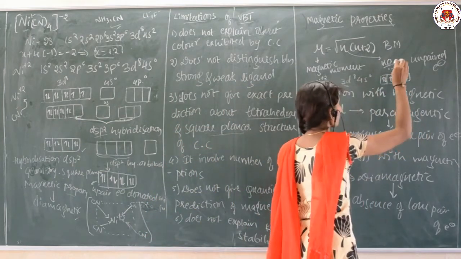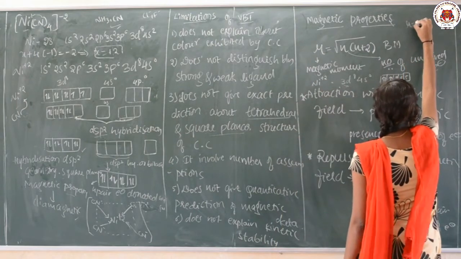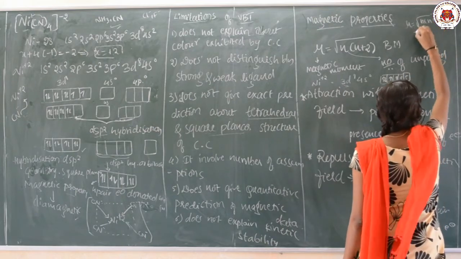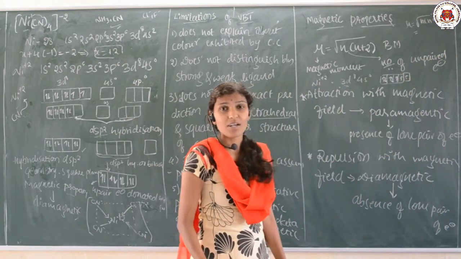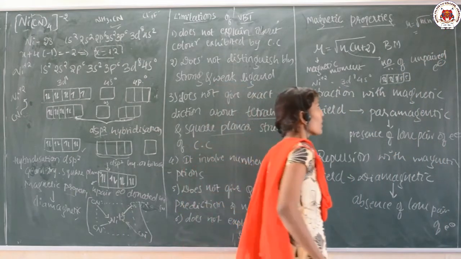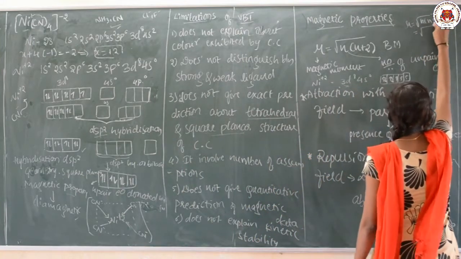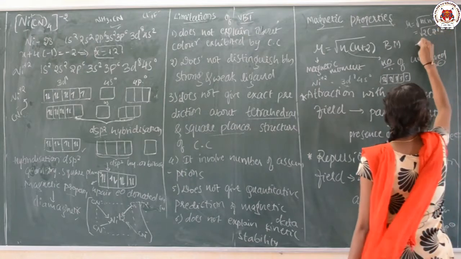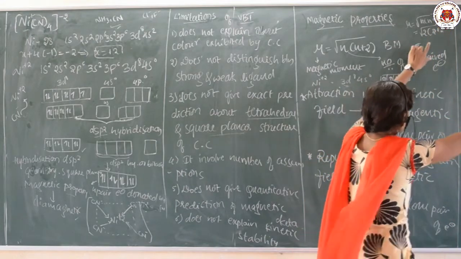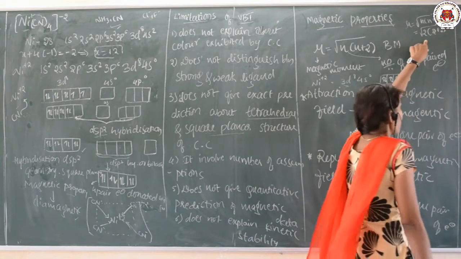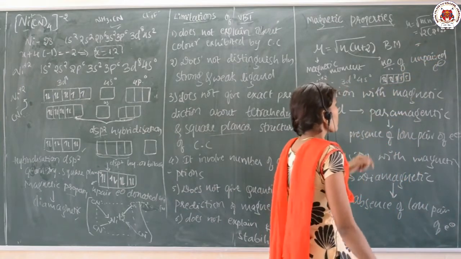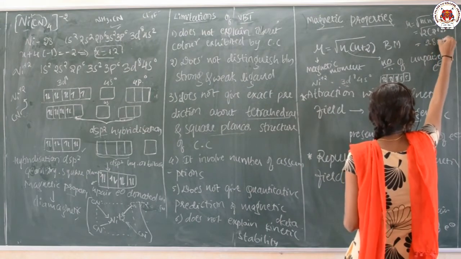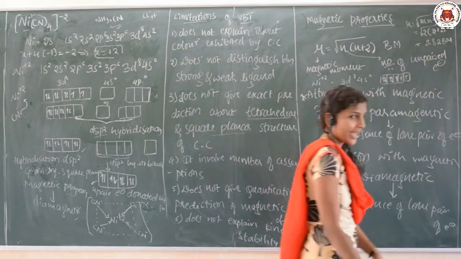So for Ni2+, the magnetic moment mu is equal to square root of n into n plus 2, where n is the number of unpaired electrons. How many unpaired electrons are there? 2 electrons. So mu equals square root of 2 into 4, and if you simplify this, it will be around 2.83 Bohr magneton.